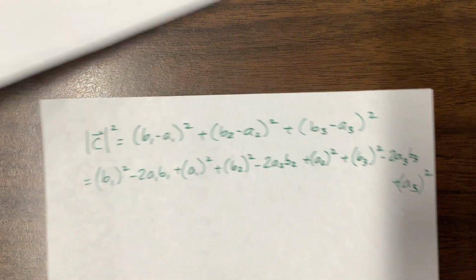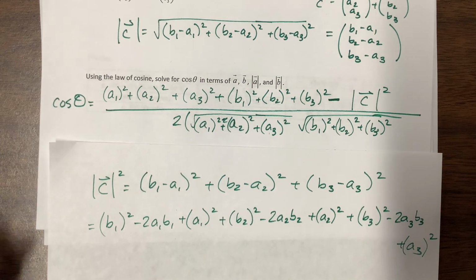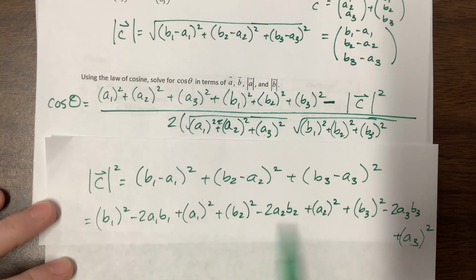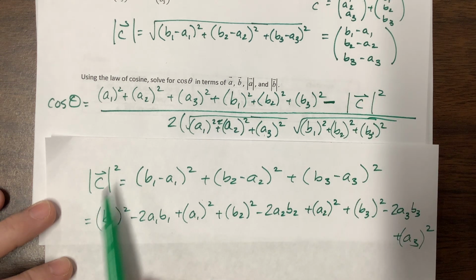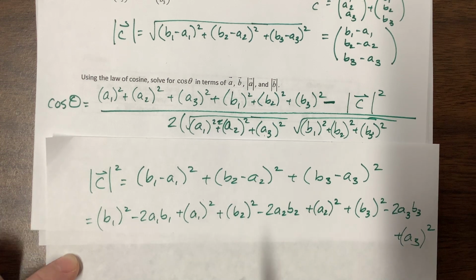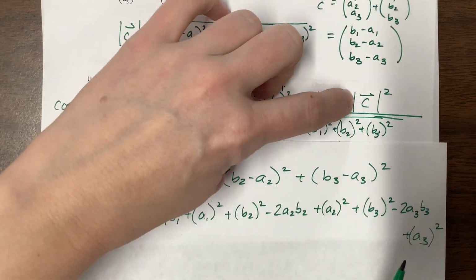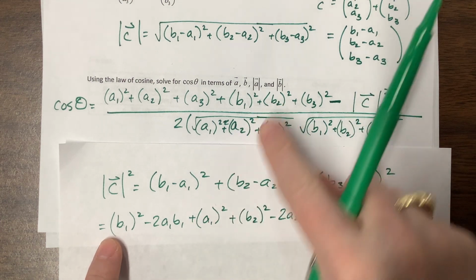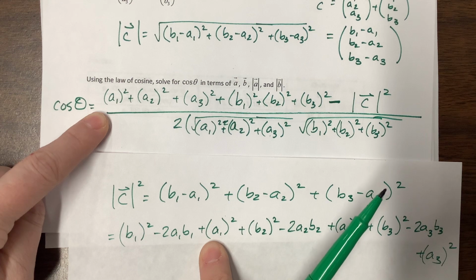Now when I look back at these two components, I'm going to take all of this and subtract away all of this. The magnitude of c squared is equal to all of these terms. For the sake of saving space, I'll just show you what happens. The a1 squared cancels with this a1 squared because we're about to subtract them.